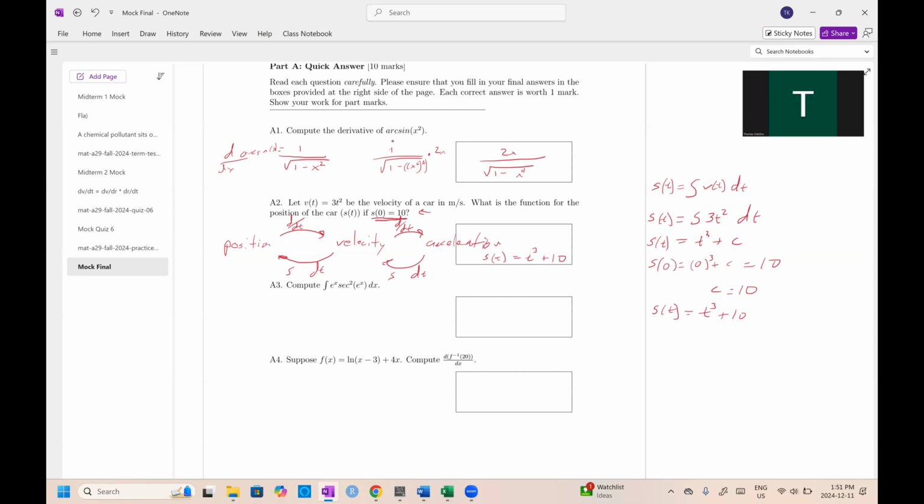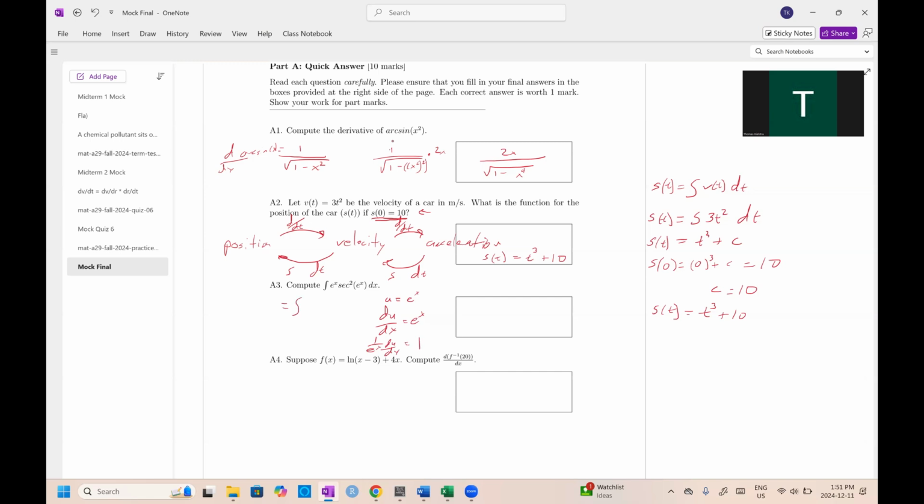Here we have compute the integral of e to the x secant squared e to the x. This is a u substitution. U equals e to the x, du by dx equals e to the x, so 1 over e to the x du by dx equals 1.